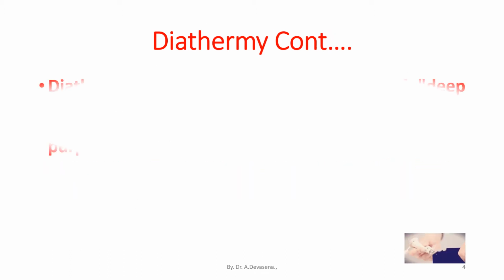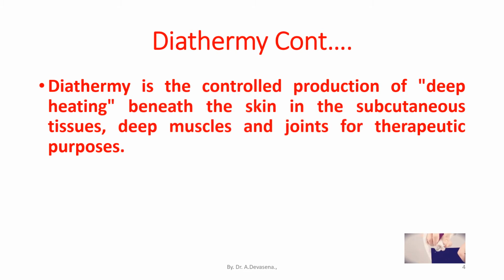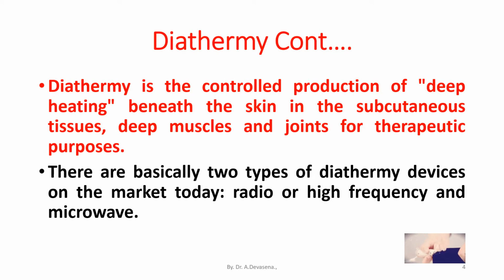Diathermy is the controlled production of deep heating beneath the skin in the subcutaneous tissues, deep muscles and joints for therapeutic purposes. There are basically two types of diathermy devices on the market today: radio or high frequency and microwave.